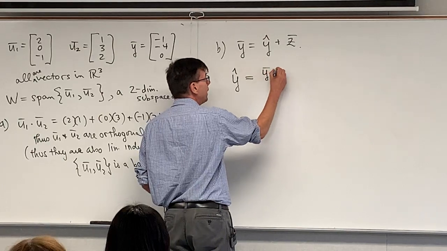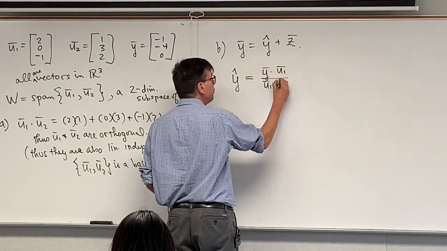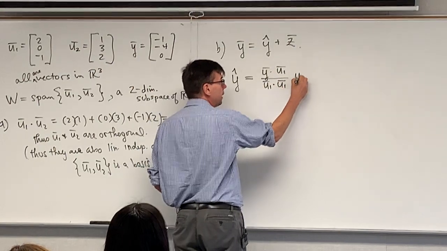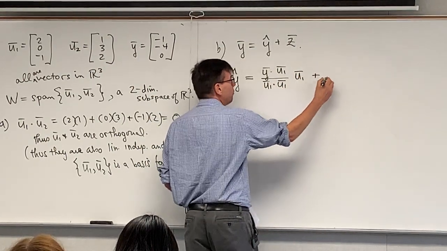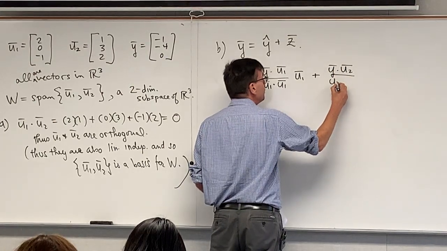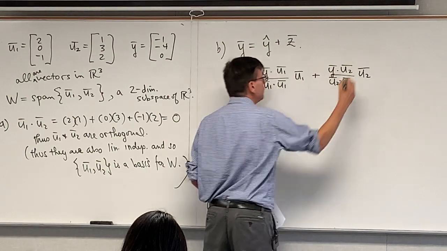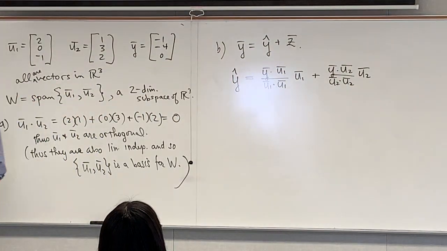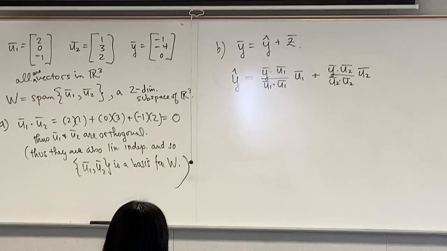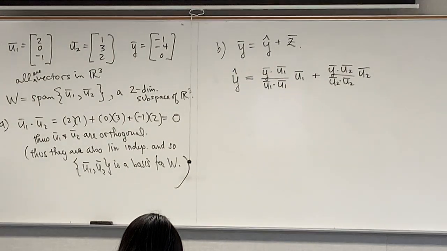It's y dotted with u1 over u1 dotted with u1, so that's all a scalar, times the vector u1, plus y dotted with u2 over u2 dotted with itself times the vector u2. So that's the formula from the previous page being applied to this problem.